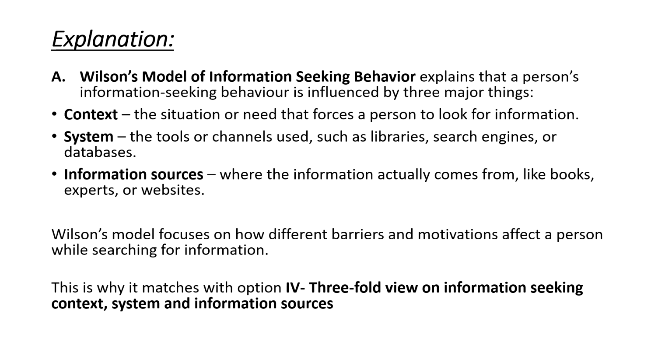System refers to the tools or channels used, such as libraries, search engines, or databases. And information sources shows from where the information actually comes, like books, experts, or websites. So Wilson's model focuses on how different barriers and motivations affect a person while searching for information.